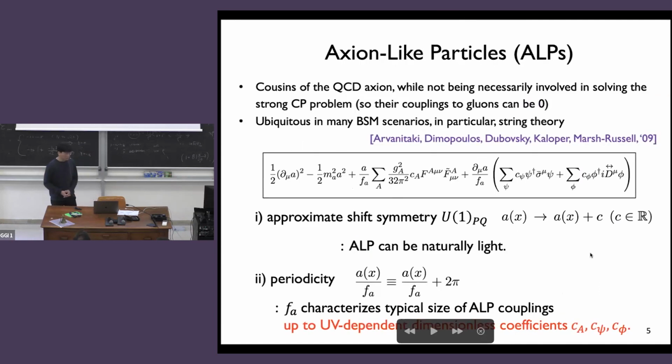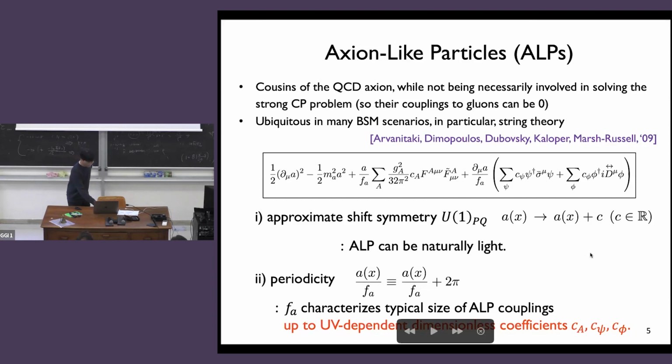If we believe in the existence of the QCD axion, then we may also be interested in searching for axion-like particles. They are kind of cousins of the QCD axion in the sense that they are theoretically similar in terms of symmetry properties, while they are not necessarily involved in solving the strong CP problem. So their couplings to the gluon field can be 0. Such particles are ubiquitous in many BSM scenarios, in particular string theory. The ALP Lagrangian takes the same form as the QCD axion, dictated by two symmetries.